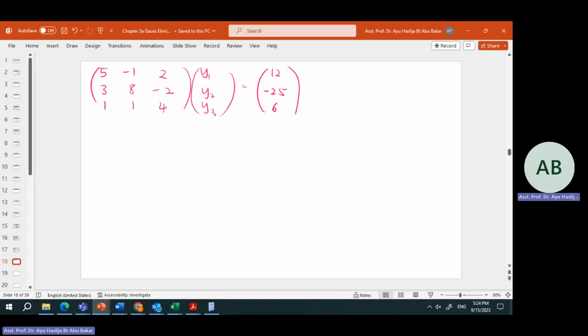Okay, try to press your calculator. What you get for y1, y2, and y3? For other models, I'm not familiar, so perhaps you can press the function option there.